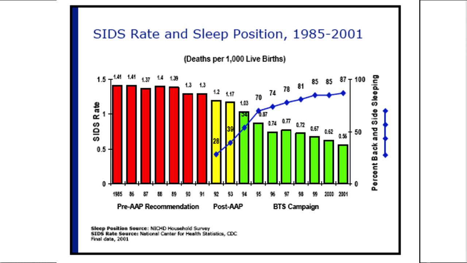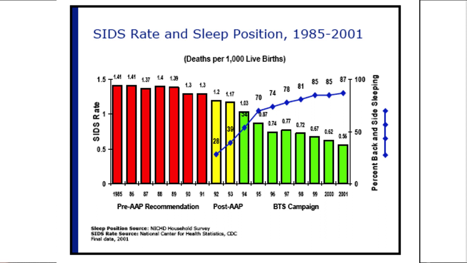The SIDS rate produced about 3,000 infant deaths a year in the United States. The yellow lines are when the AAP made its recommendations, and the green bars show when the Back to Sleep campaign was being funded, and there were ads everywhere, and doctors' offices had flyers about putting your baby on his or her back to sleep.